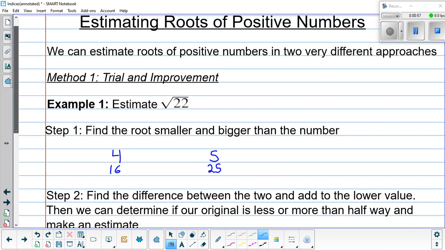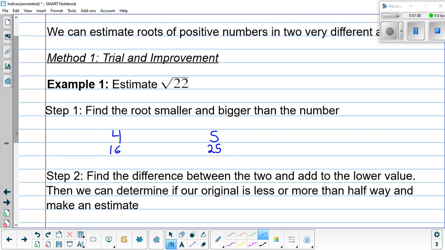So step 2, we want to find the difference between the two and add to the lower value. Well, not necessarily just the difference, right? We want to take the difference and divide by 2. We know that we're just finding our midpoint. So that's the 9 difference, 25 minus 16 is equal to 9.